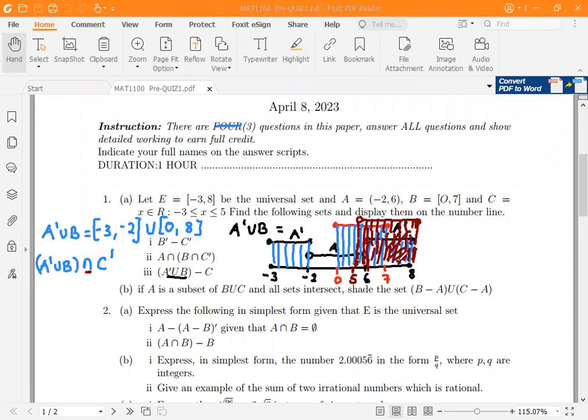So it means that our intersection now is going to be from 5 to where? To 8. 8 included, but 5 not included, because 5 is not in C complement. This is the final solution.